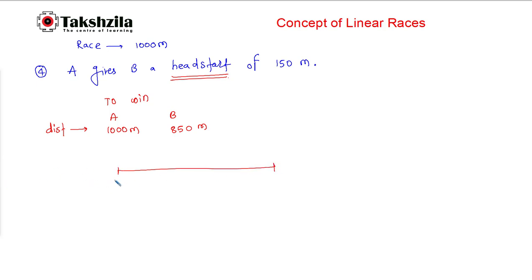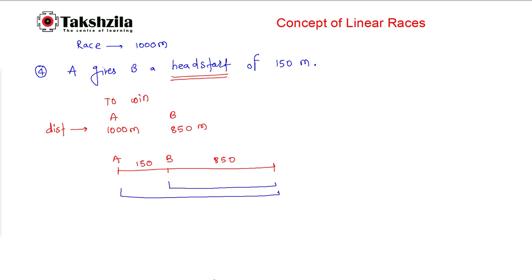So over here A says to B, start running 150 meters ahead of me. So A will start from this point, whereas B will start from this point, where the distance between A and B is 150 meters. Total race is 1000 meters minus 150 is 850 meters. It means A is supposed to travel this much race, whereas B is supposed to travel this much race to win.